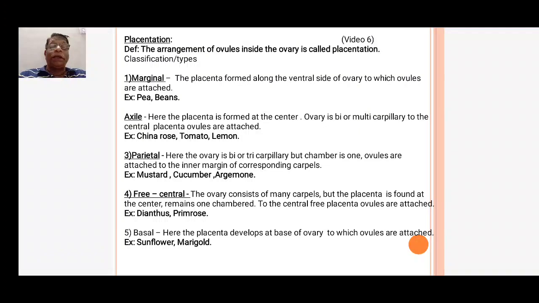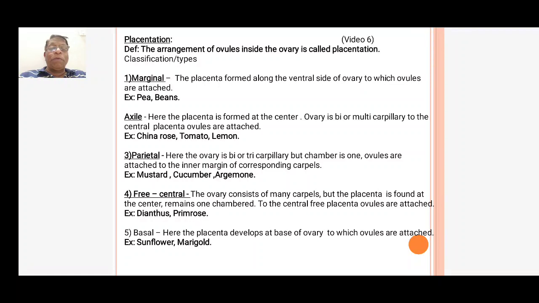Next, basal placentation. Examples for basal placentation are members of the family Asteraceae, the sunflower family. Sunflower, marigold, etc. Basal placentation.